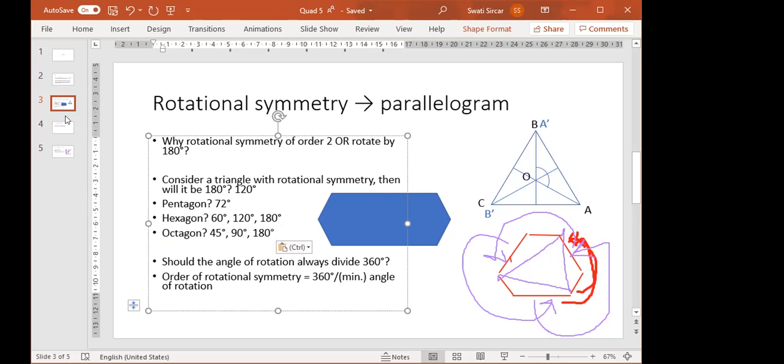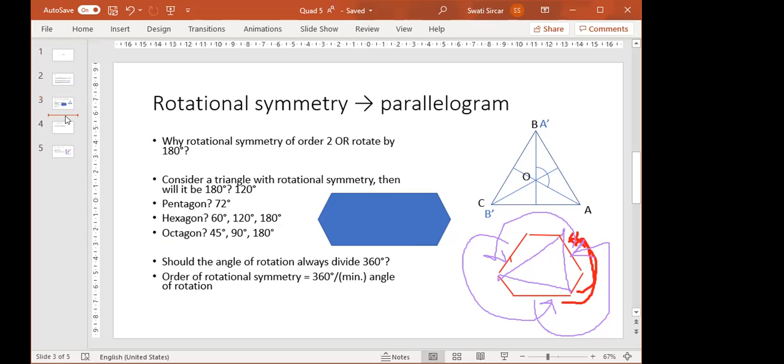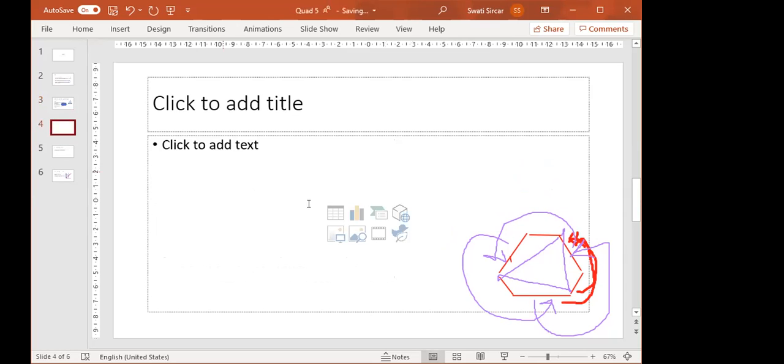Okay, so if we want to check that, the best way to do it is through a table.